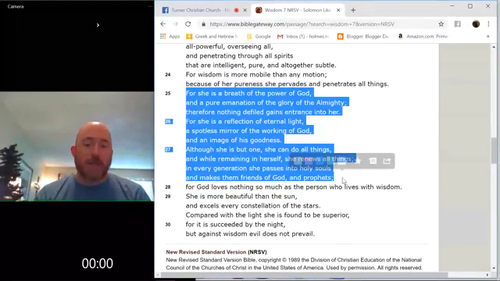So when you see common language in here connected with the way Paul describes Jesus and the way the author of Hebrews describes Jesus, reflection of eternal light, spotless mirror of the working of God, an image of his goodness, these terms sound familiar to us, and they would have sounded familiar to the original audience of those letters when Paul and the author of Hebrews wrote to them. And so they're not using shocking language to people. They're using language they would have understood. The shock is when they apply them to Jesus.